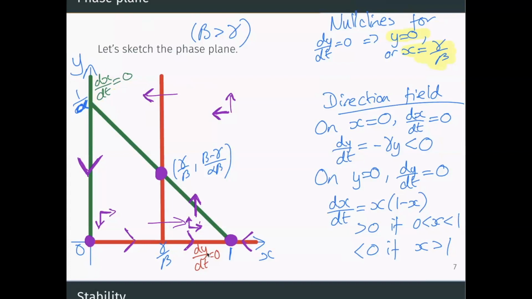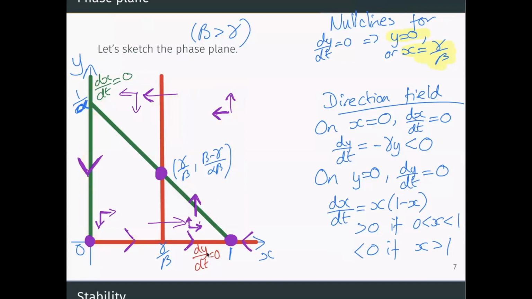Why is that? Well, on this side here, dy/dt was positive, I was moving up. Here, dy/dt is going to be equal to 0, so I'm not moving up or down. And then here, dy/dt has to be negative. So we pass through 0. So we see we've managed to fill in all of the directions just by working out what the direction was on these two null lines here.